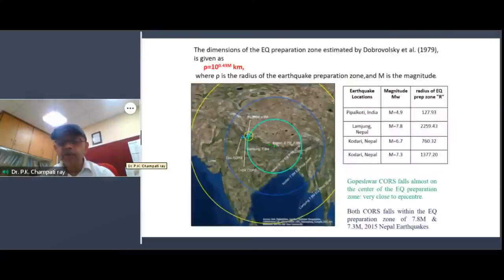A couple of earthquakes we have taken: the 4.9 magnitude Pipalkoti earthquake, and the 7.8 and 6.7 Nepal earthquakes. When the Nepal earthquake happened in 2015, 3 consecutive events took place: one on the 25th of April, one on the 2nd day, and then another one on the 12th of May. All those events have been analyzed with respect to the electron content variation in the ionosphere.